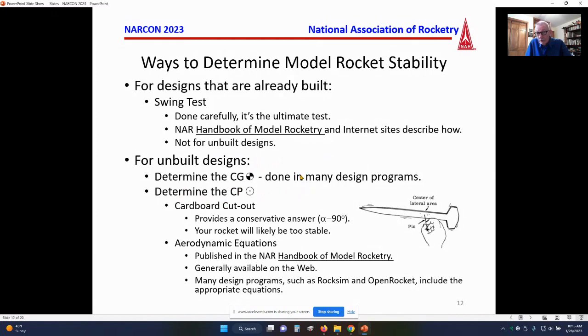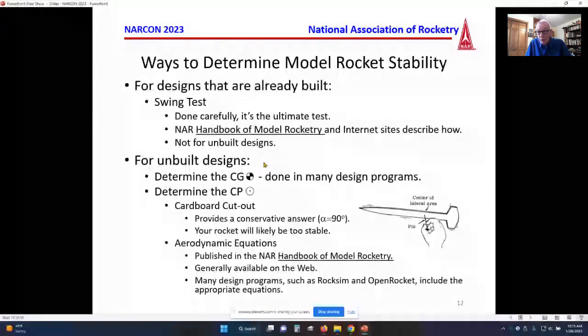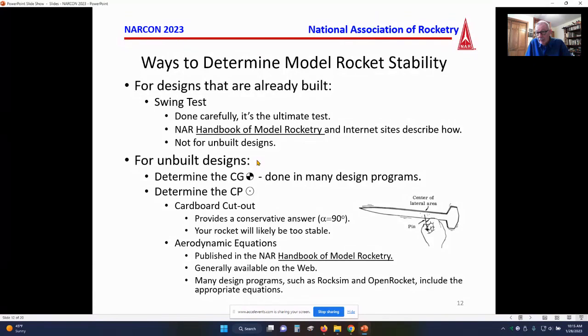To get the center of pressure, there's a couple of ways you can proceed. A classic way is a cardboard cutout. That is basically making a design and then cutting out what would be the silhouette of that model, the maximum shadow that it would cast, for example, and finding the balance point at the center of the mass of that cutout.